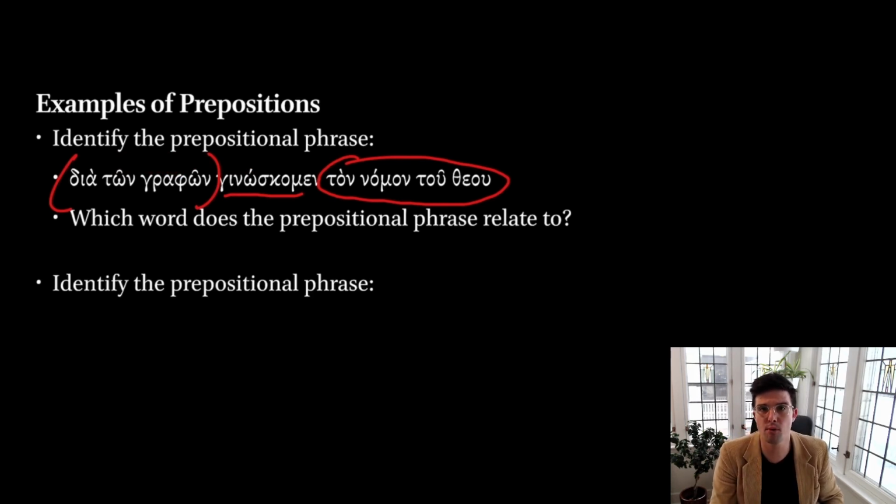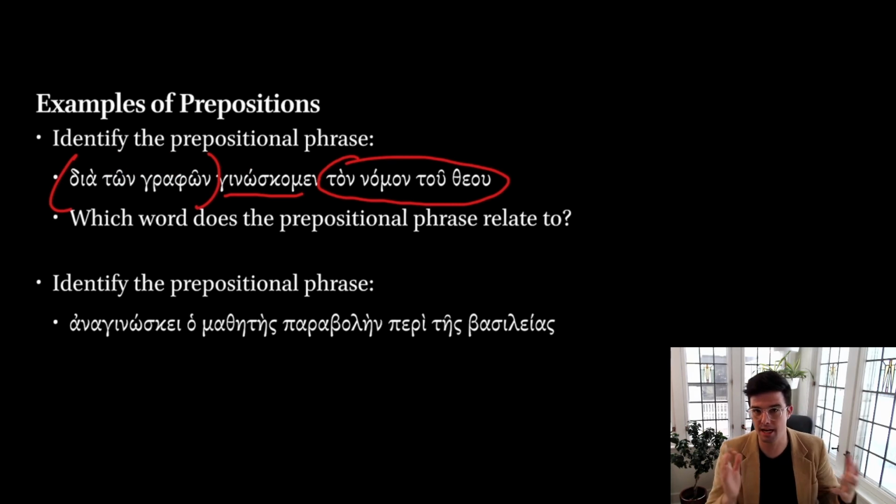And one more sentence here, and once again I want you to go ahead and identify the prepositional phrase in this sentence that I am going to read for us first. So we have anaginoskei ho mathetes parabolen peri tes basileias. So can you identify here the prepositional phrase? In this case, it's going to be peri tes basileias.